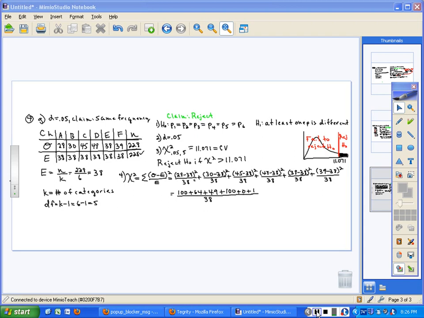And 39 minus 38 is 1, squared is 1. So that's all over 38. You add all that up, and it adds up to 314 over 38, which is 8.263.